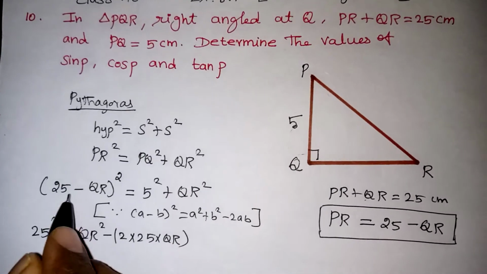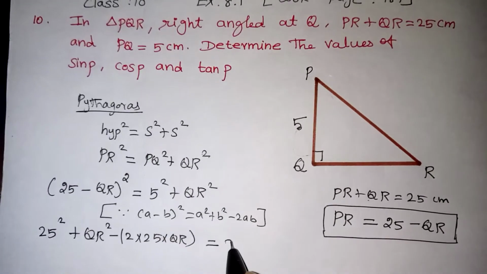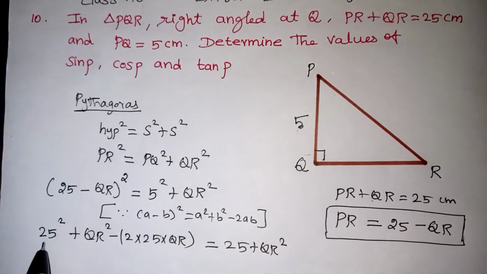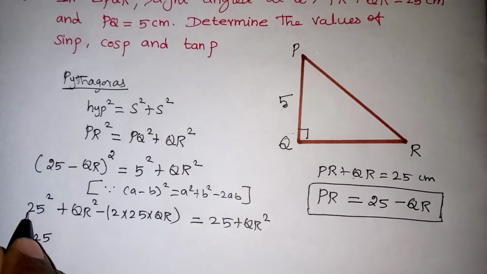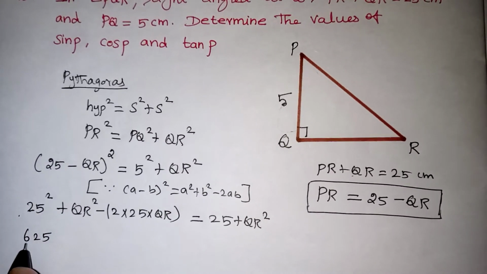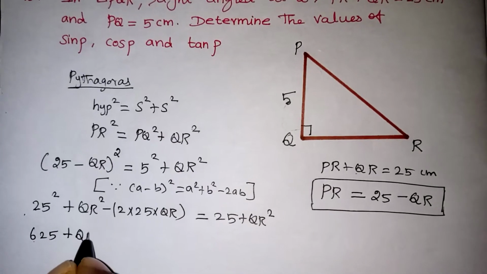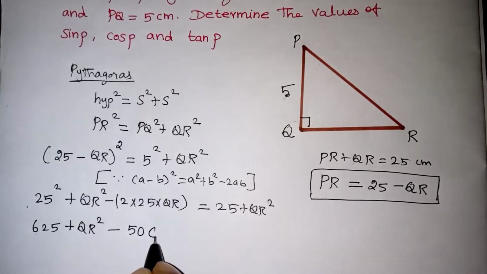By applying this we expand it, which is equal to 25 plus QR squared. Now 25 squared, 25 twos are 50, 25 times 25 is 625. Plus QR squared minus 2 into 25 will give you 50 QR.